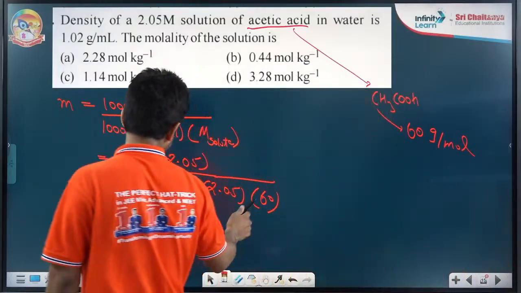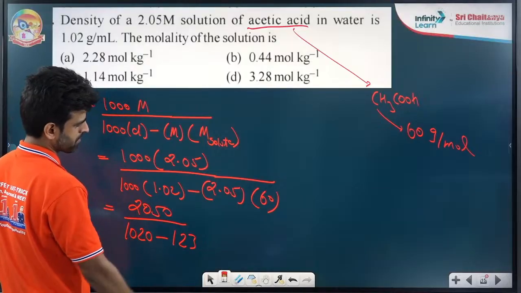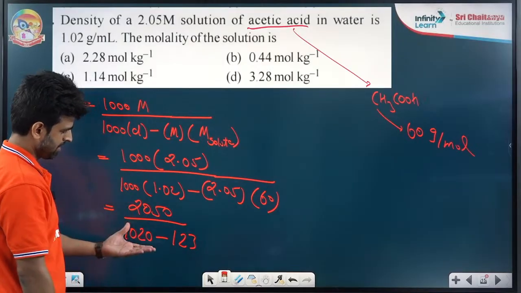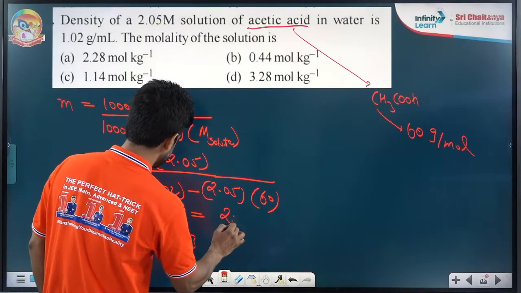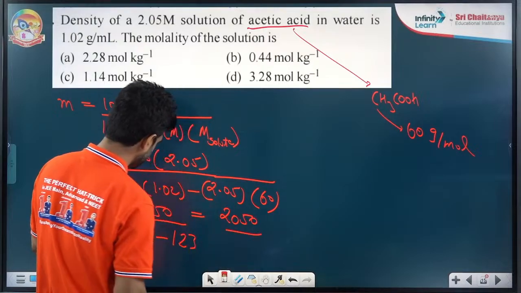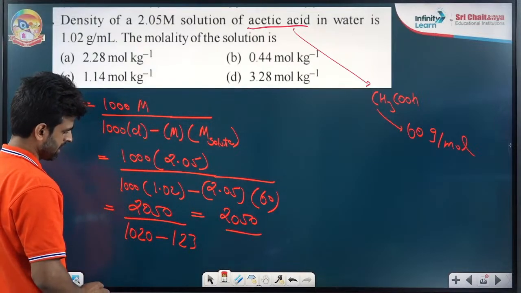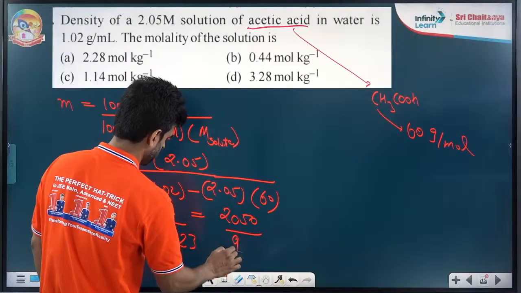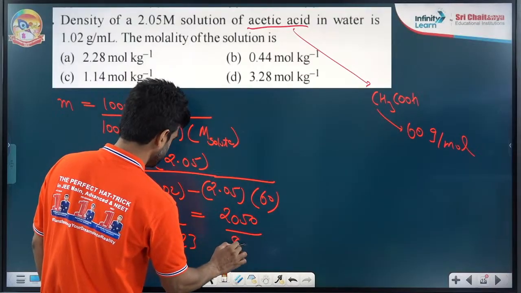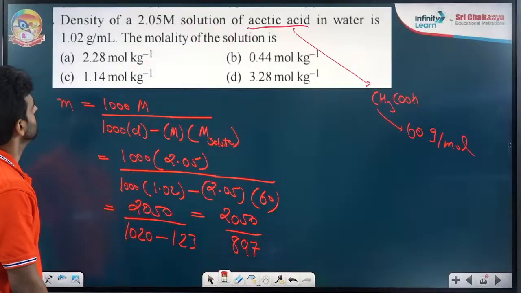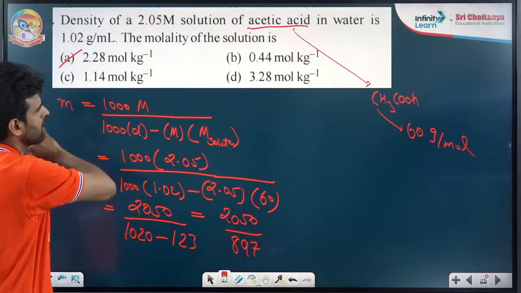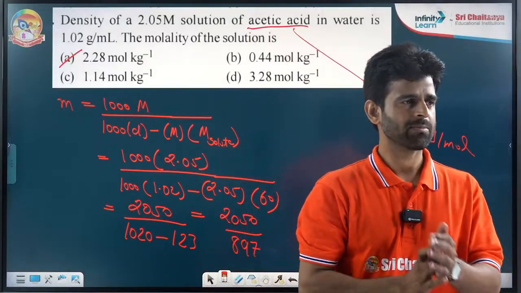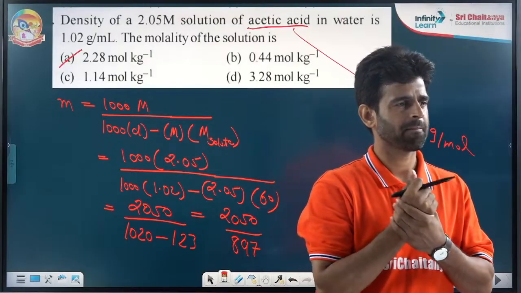We have 60 into 2.05. So 6 into 5 will come 30, 6 into 2 is 12. Okay, 123. So it's 2050 divided by 1020 minus 123, so it's 897. So 2 point something should come. 2.28, right? Good. Right, Monica, Karthik, right?